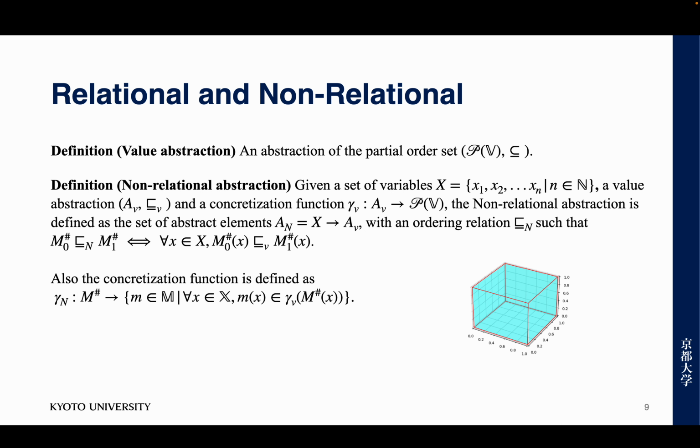Consider a function with multiple input parameters. The non-relational abstraction means to treat them separately. So if we have successfully defined an abstraction for each individual parameter, we combine them in the sense of a set product operation to produce a non-relational abstraction.